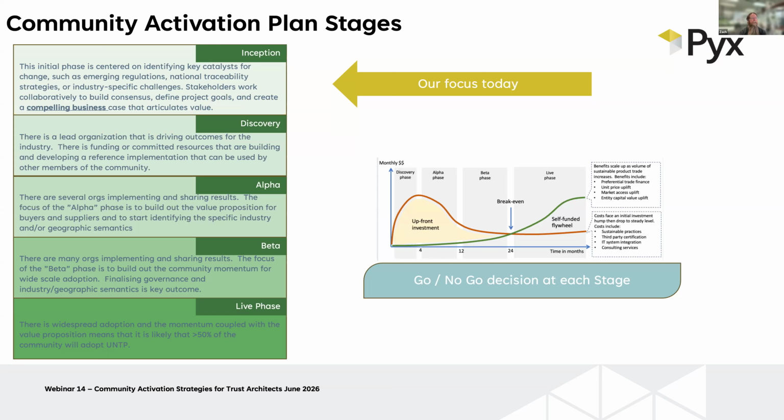In the discovery phase, you're starting to bring together the constituents and prove out the value proposition. In the alpha phase, you're delivering pilots and outcomes. In the beta phase, you're starting to see real live implementations. And then in live, it's a live protocol that is actively used in the community.